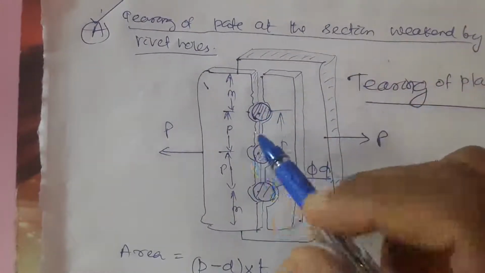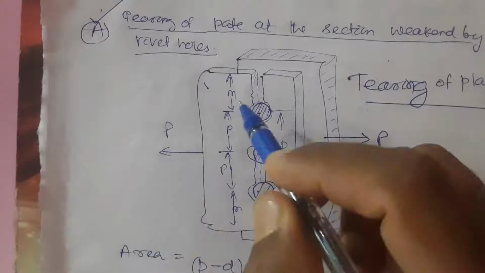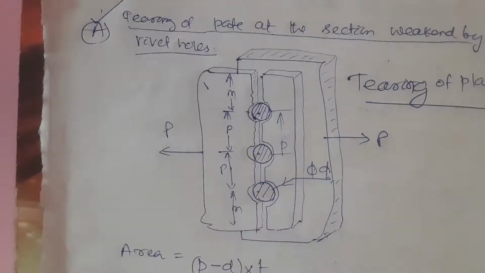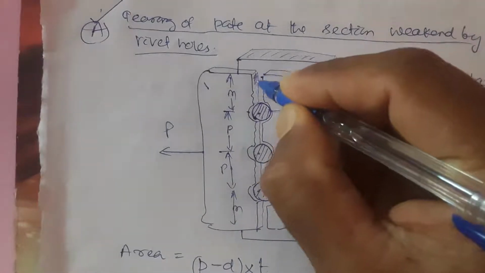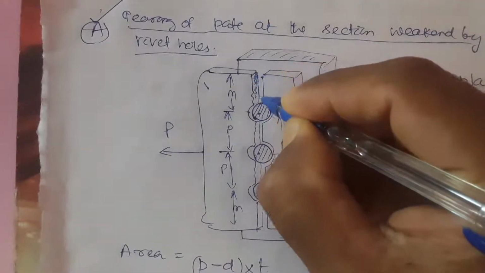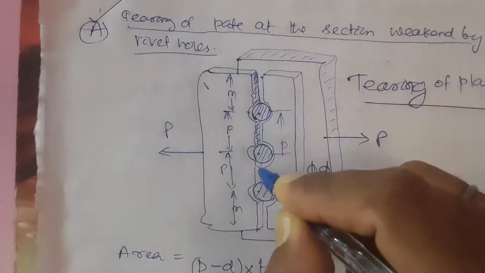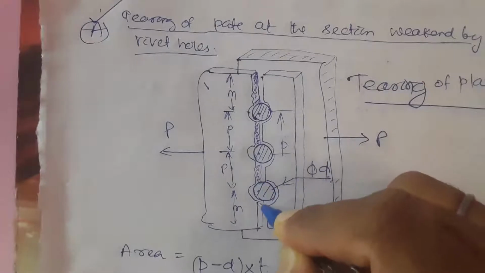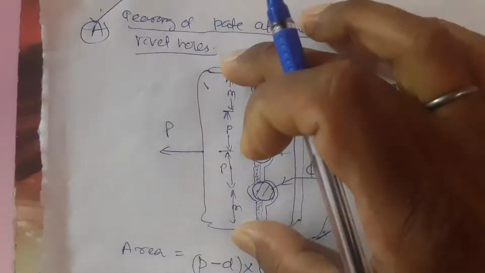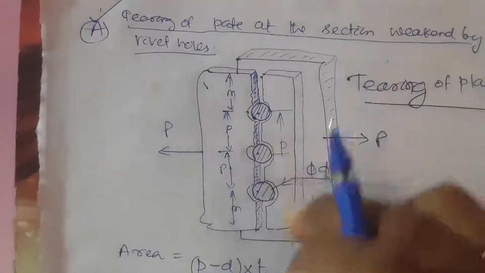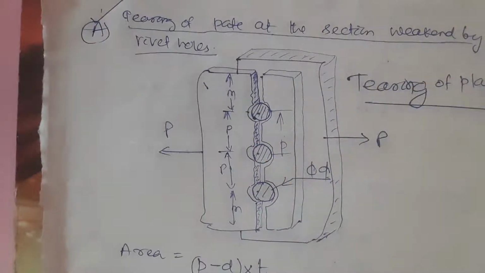So if P is the pull applied to the top plate and bottom plate, this is a typical case of a lap joint. You see this area where I am shading, this area is actually this length minus the number of rivets into the thickness of the plate.